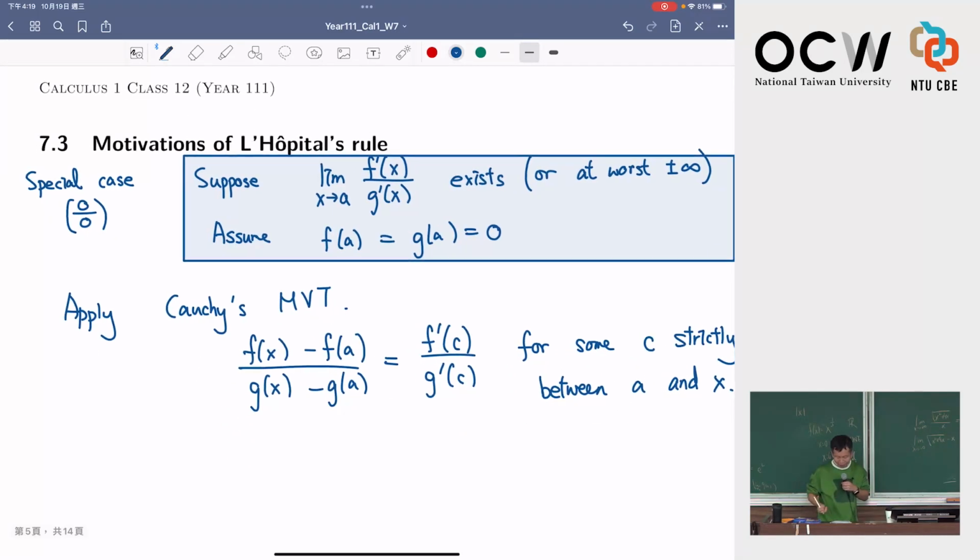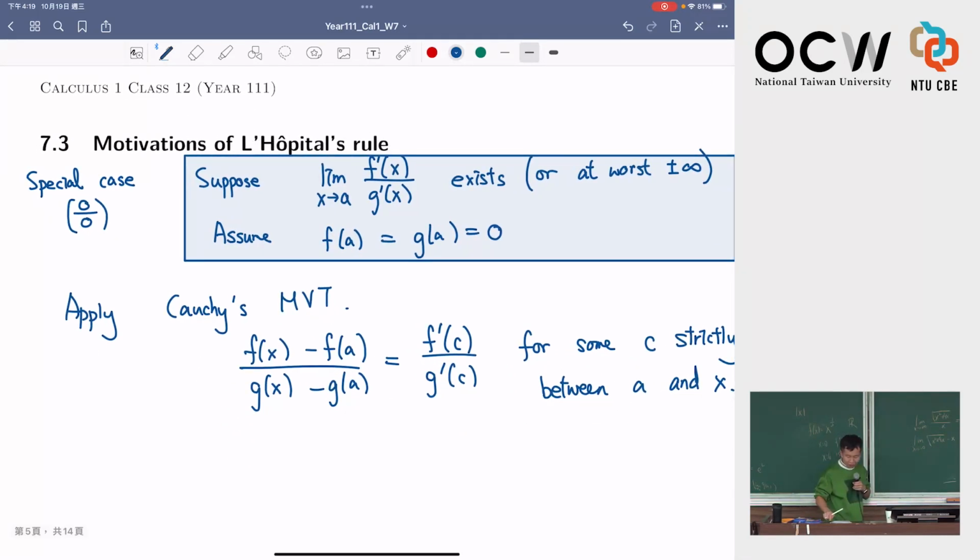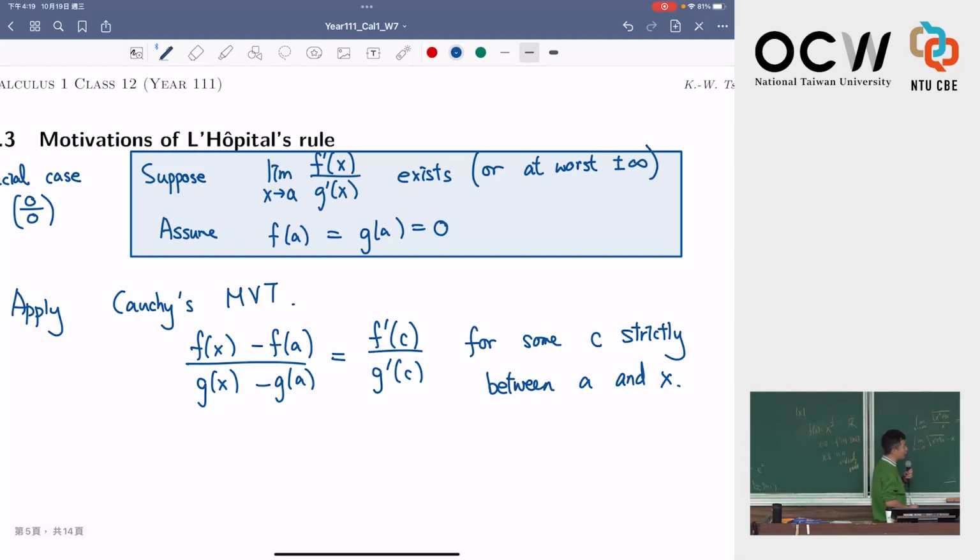Okay, I didn't do any mathematics. I just write down the statement of Cauchy MVT that we discovered just now. But we assume f of a and g of a equal 0. So these two are 0.